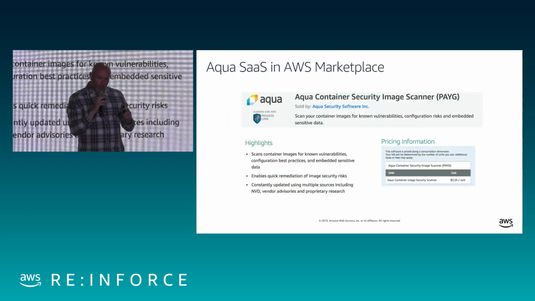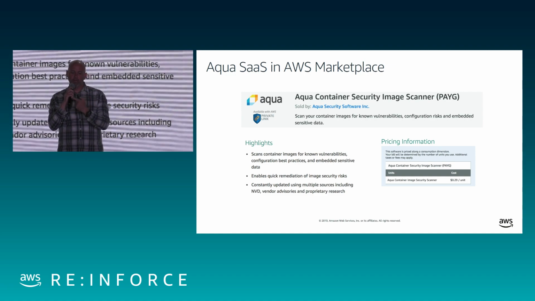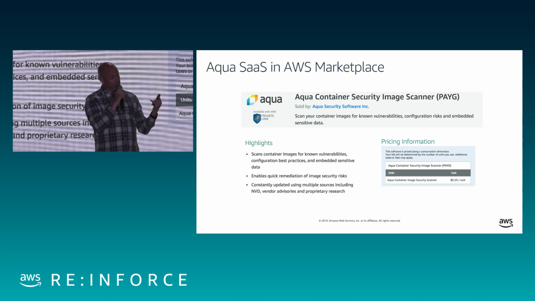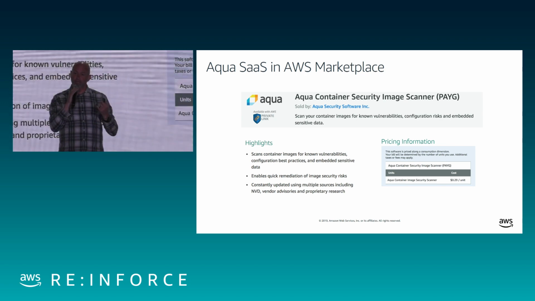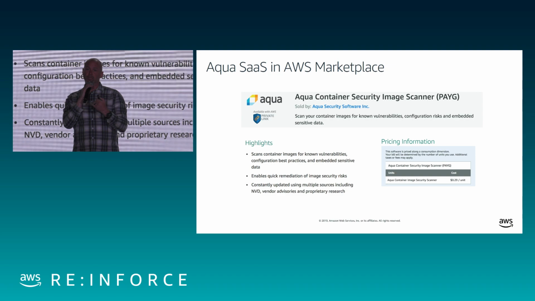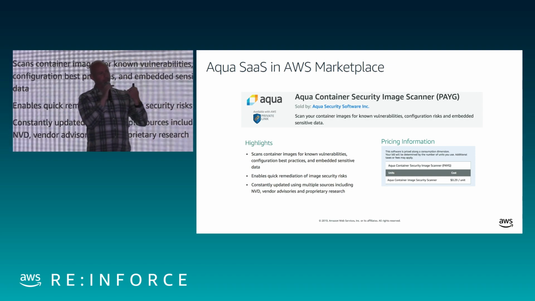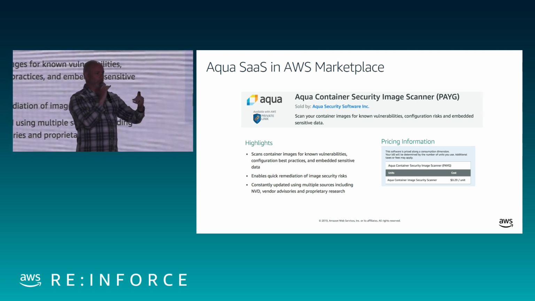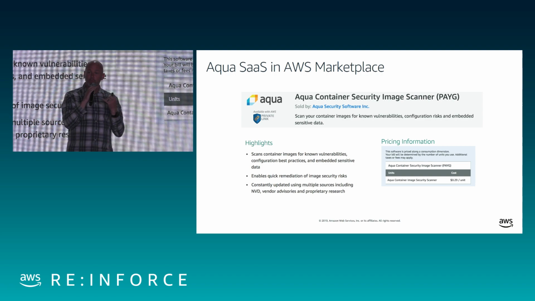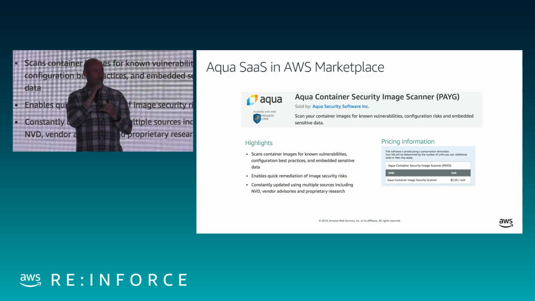And Aqua is available in the marketplace in a pay-as-you-go, and they charge based upon the number of images or units, so the number of containers. It's a pretty low price. Again, the thing that I think this really exemplifies is the way that AWS is building tools for builders to help you to be able to develop quickly and not have to spend a lot of money to innovate.